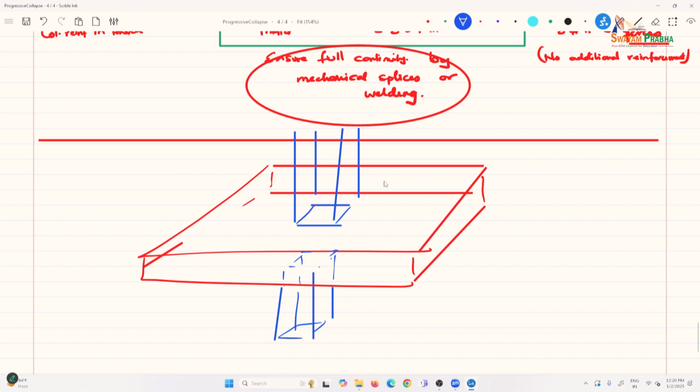If it is existing, maybe you have some kind of a wrap around here, FRP wrap, for example. Retrofitting. So, FRP wrap, fiber reinforced, can go around in this manner.